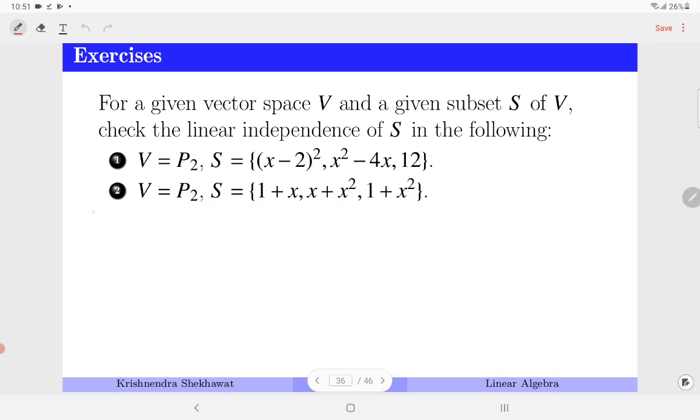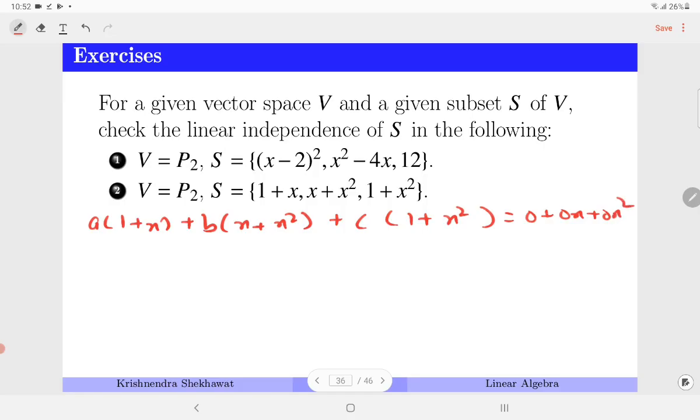Next one: 1 plus x, x plus x square, 1 plus x square. So I have to go by the definition. a times (1 plus x) plus b times (x plus x square) plus c times (1 plus x square) is 0 plus 0x plus 0x square.